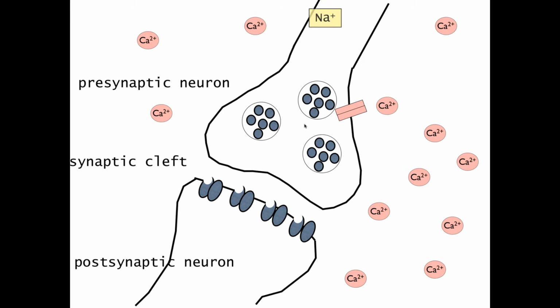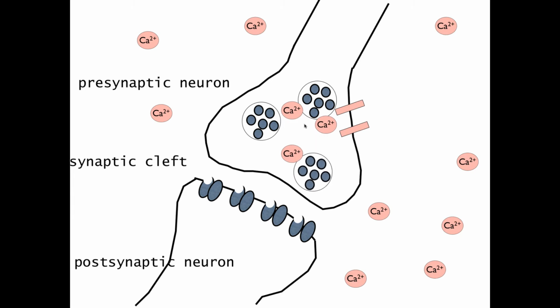As you know, arrival of sodium ions, otherwise known as a wave of depolarization, will cause these voltage-gated calcium channels to open up. When they open up, calcium can move down its concentration gradient into the neuron. This movement of calcium ions causes the synaptic vesicles to move towards the plasma membrane.